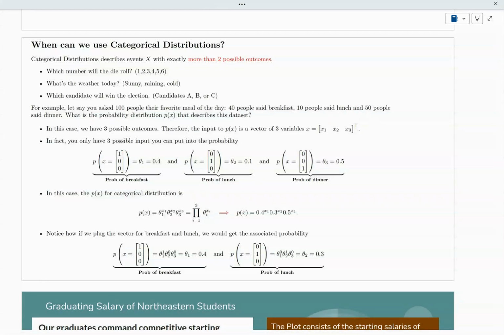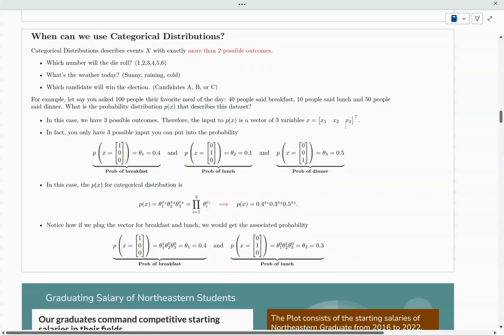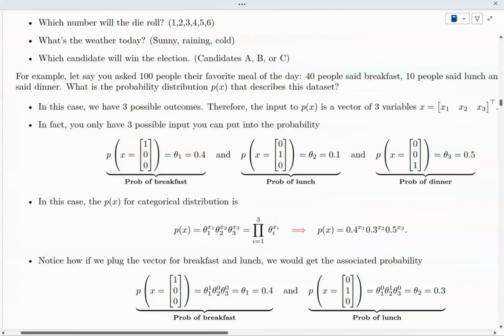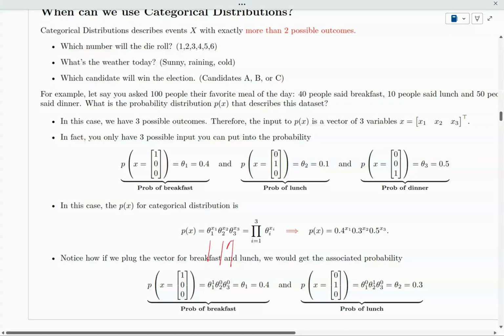Okay. So this is what we want, where if we plug the first one in, we want the probability of breakfast to be 0.4, right? Probability of lunch was 0.1, probability of dinner 0.5. In this case, P of X for the categorical distribution looks like this: theta 1 to the power of x1, theta 2 to the power of x2, theta 3 to the power of x3.